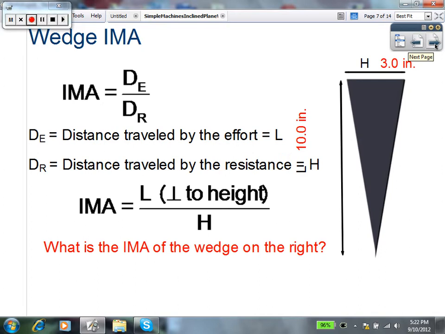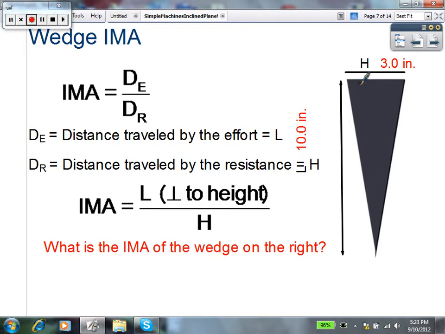Once again, the ideal mechanical advantage is the distance the effort travels over the distance the resistance traveled. So in this example here, the distance the effort travels is not the length of the wedge's slope but the overall length of your wedge.